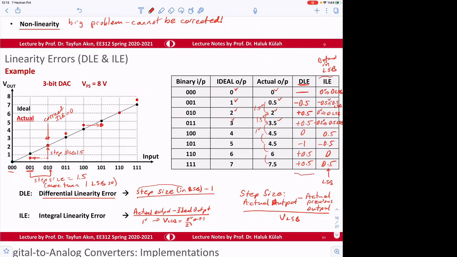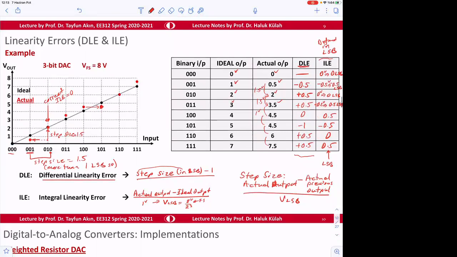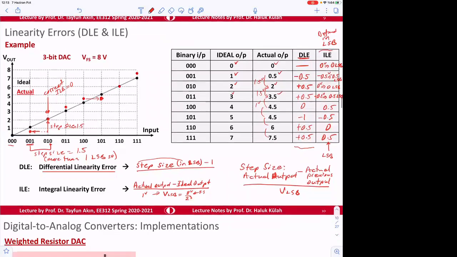Okay. So these are just the definitions, and for convenience, we gave 8 volt and 3 bits, and then 1 volt LSB, so that it's going to be clear. So this is also written in LSB.